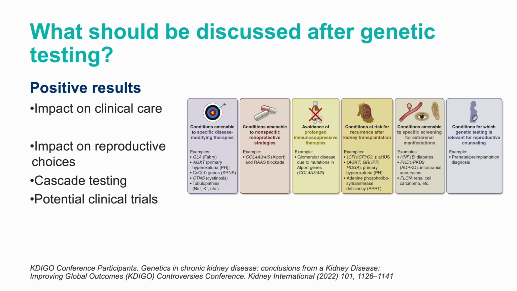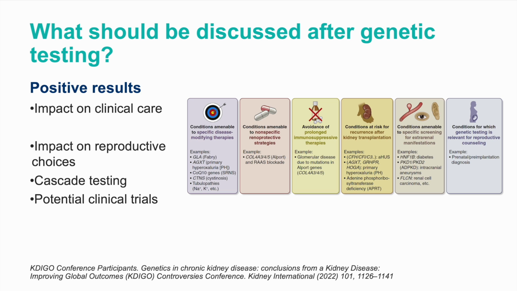So maybe your patient now is at increased risk for diabetes because of a variant in HNF1 beta, or for intracranial aneurysm because of an ADPKD diagnosis. Or you may want to send them for screening for renal cell carcinoma because of a pathogenic variant in FLCN.